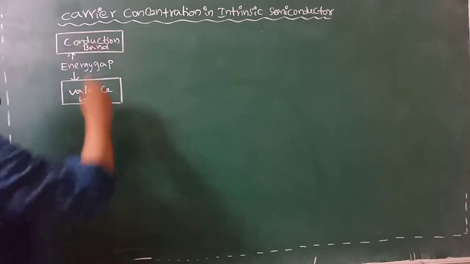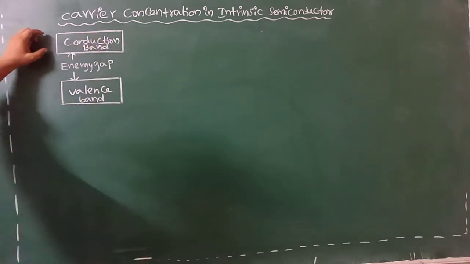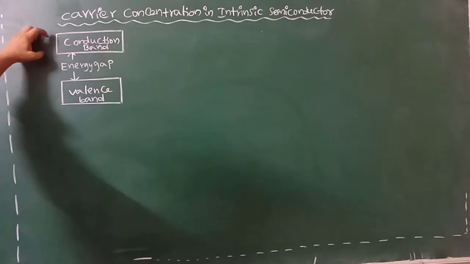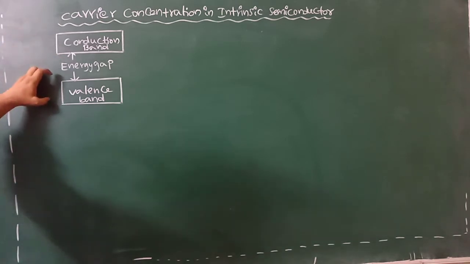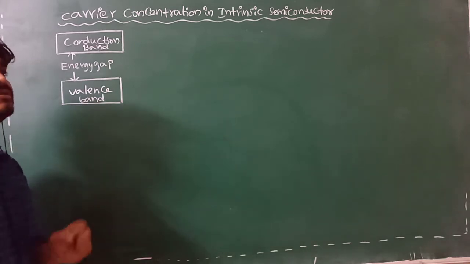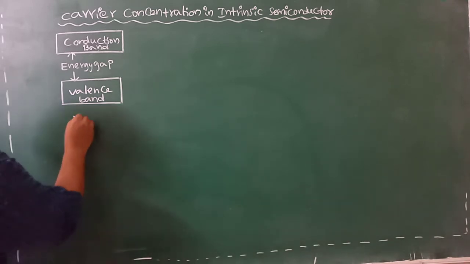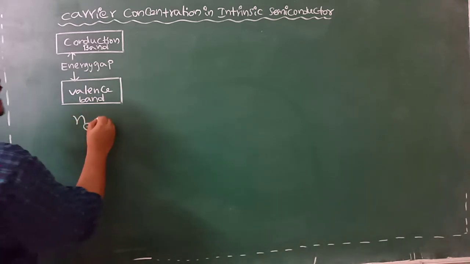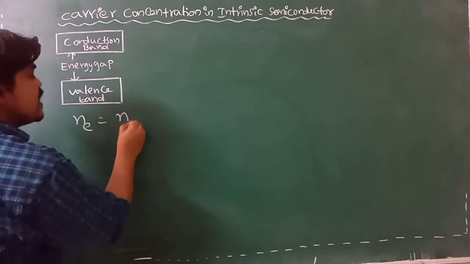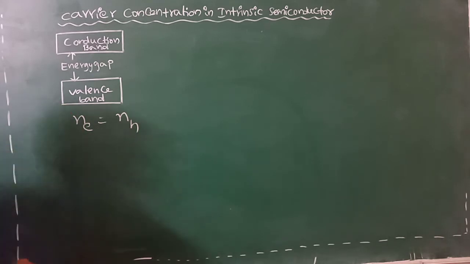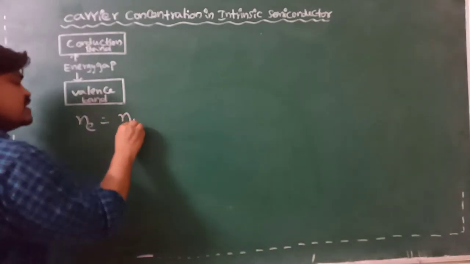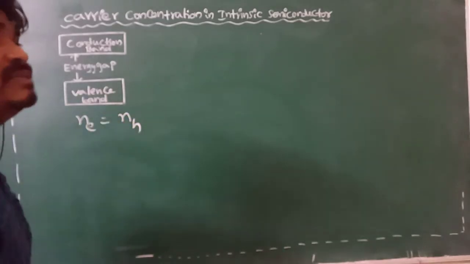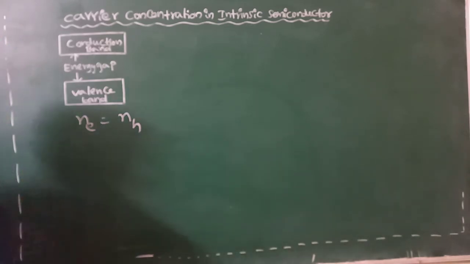When we find how many electrons are present in the conduction band per unit volume, similarly we can get the same number of holes present in the valency band per unit volume, because the number of electrons in the conduction band is equal to the number of holes in the valency band.